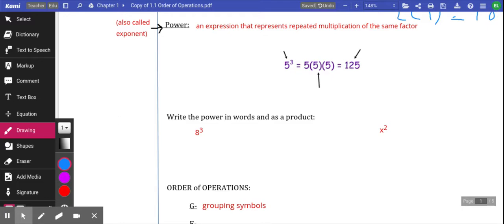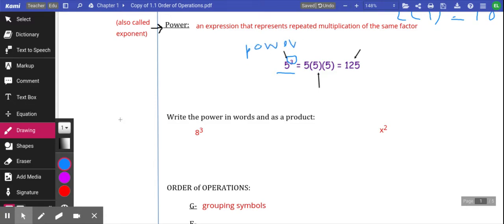Next, we have the word power, which we may also use the word exponent to express the meaning. And this is an expression that represents repeated multiplication of the same factor. So in our example, this is read as 5 to the third power. So the number 3 is the power or the exponent itself.